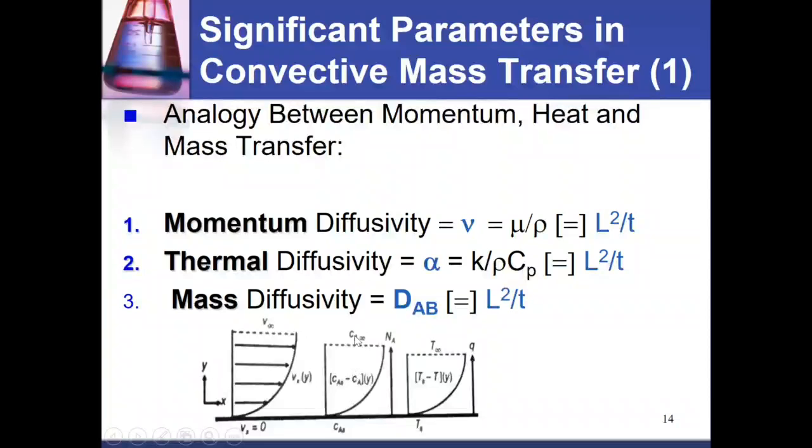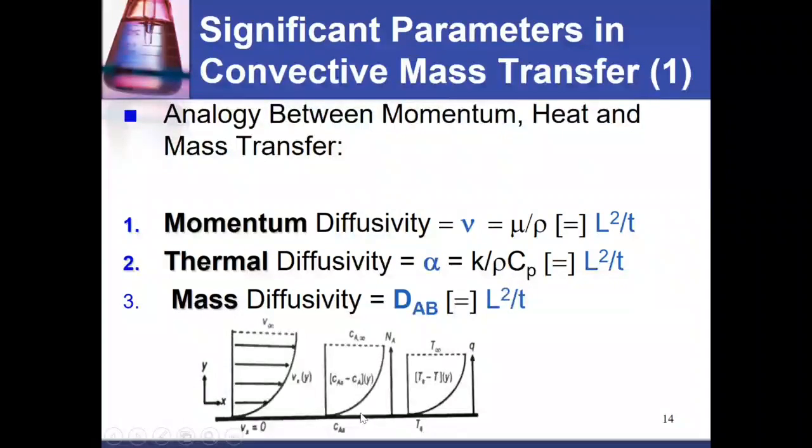So if it is, for example, from the bulk to the surface, this is the gradient, or the driving force: CAS minus CA. CA is changing along the way, and CAS is constant. If your mass transfer comes from this side, as you go down the difference will be less, because CA will decrease along the downside.